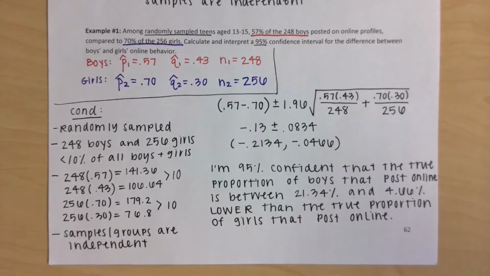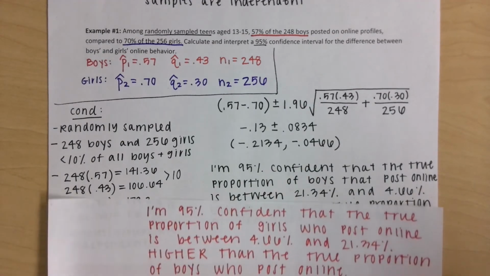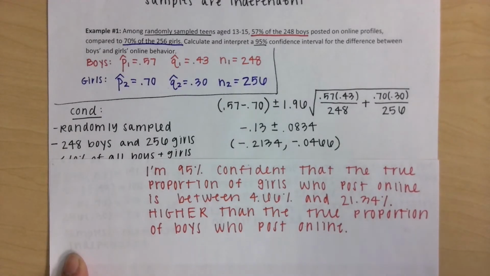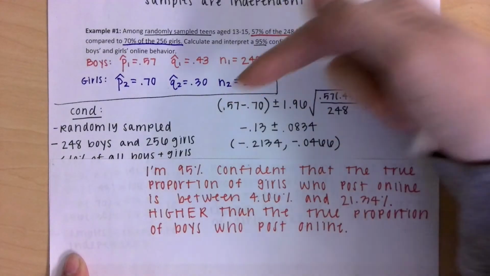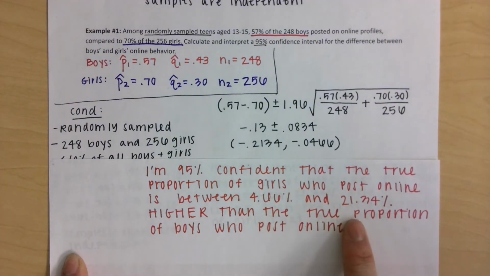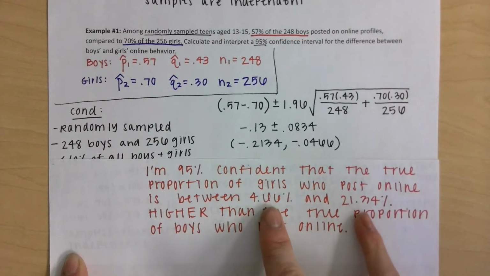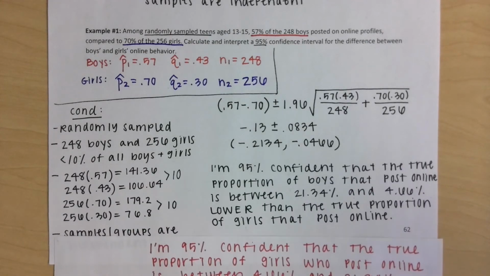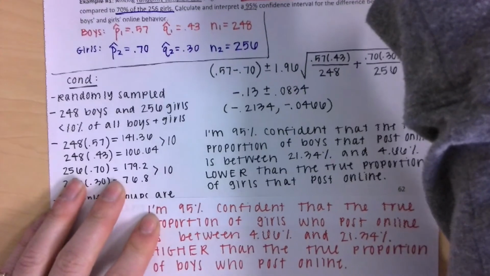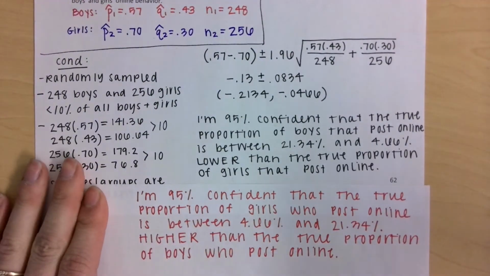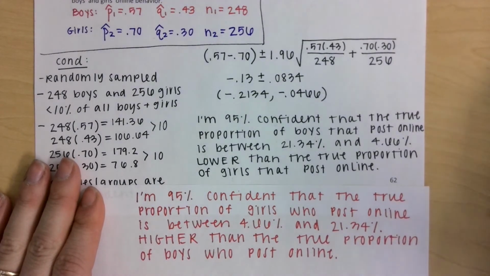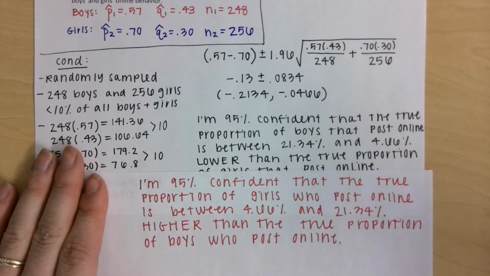So my interpretation would just be the opposite. It would say I'm 95% confident that the true proportion of girls who post online, because my girls would be first here, is between 4.66 and 21.34% higher, because they would both be positive numbers, than the true proportion of boys. Either way, you're saying the same thing on both of these. You're telling the grader that you know that more girls are posting online. In this first one that we did, you're just saying that boys are lower than girls. In this one, you are saying girls are higher than boys.